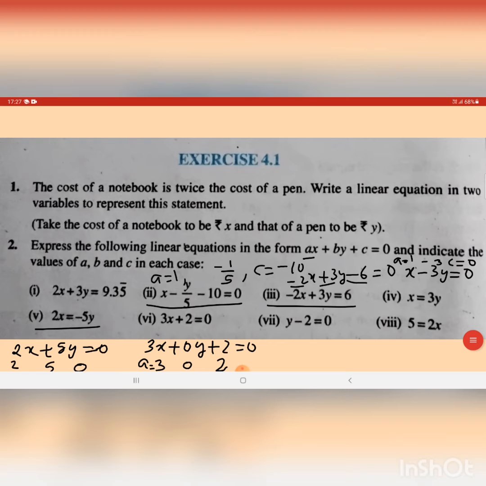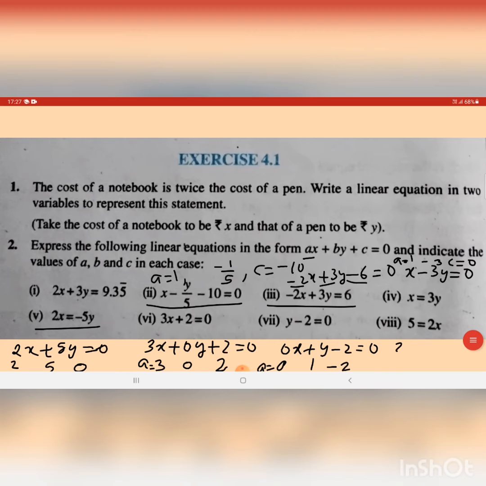y minus 2 is equal to 0. So that can be written as 0x plus y minus 2 equal to 0. So a is equal to 0, b equal to 1, c equal to negative 2. Last one, 5 equal to 2x.